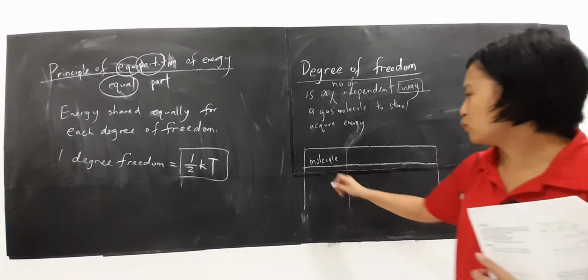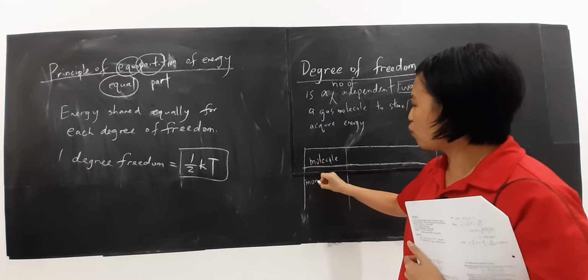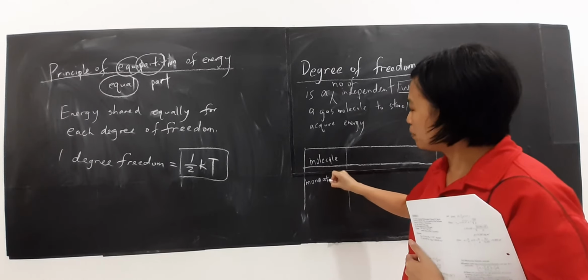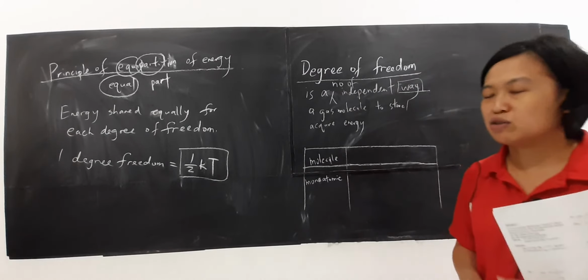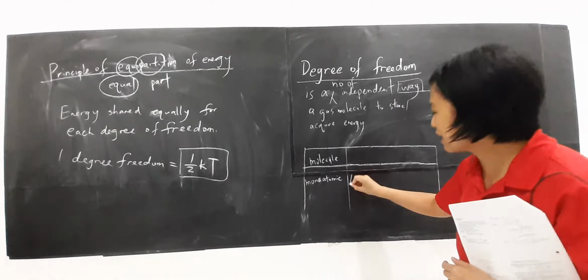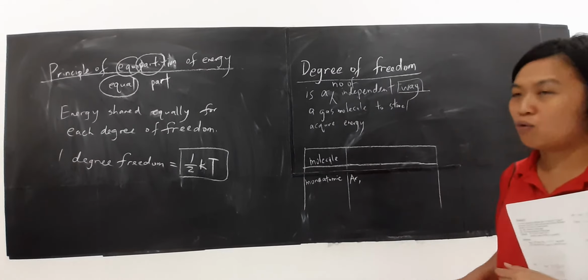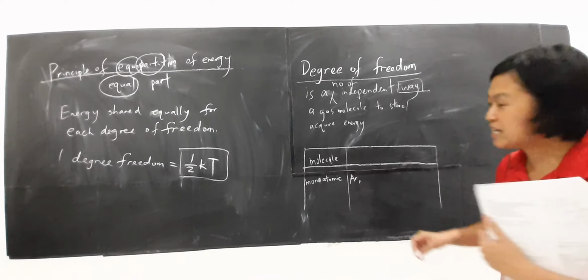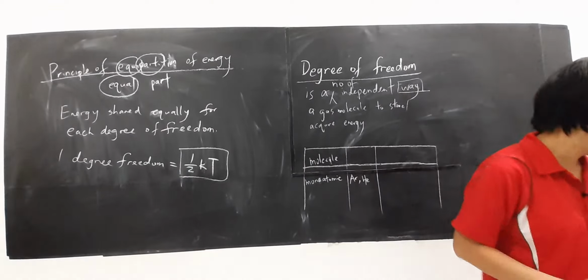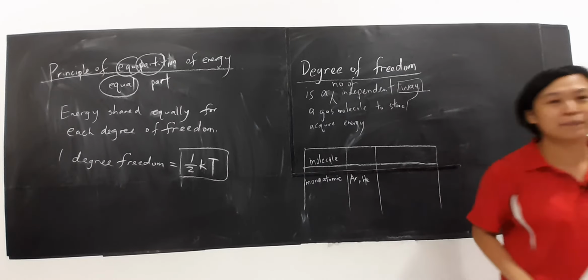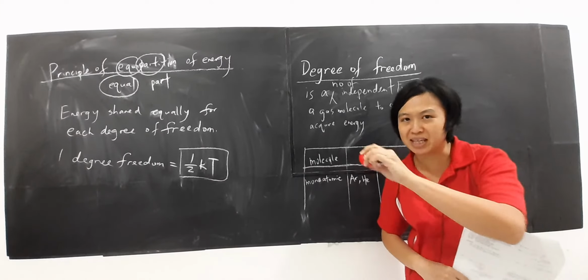For example, monoatomic molecule, usually inert gas, for example argon or helium, dia sentiasa wujud dalam bentuk satu atom begini.